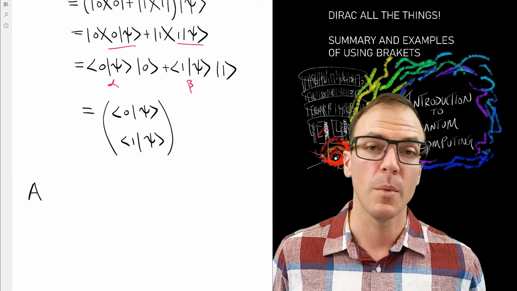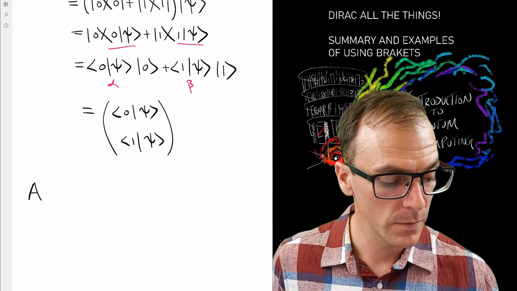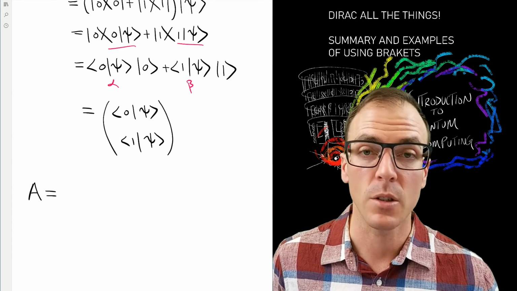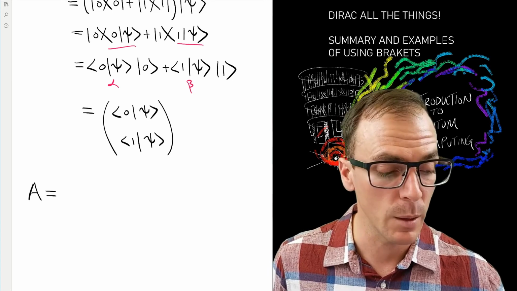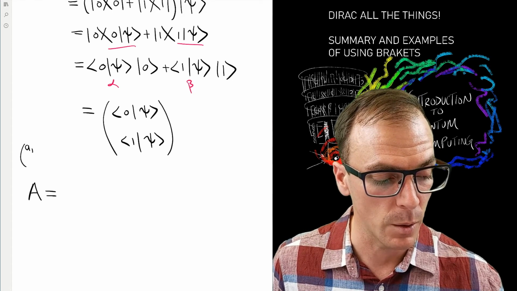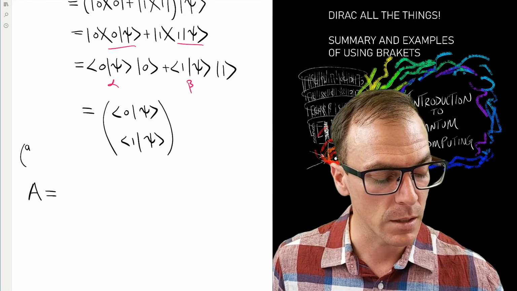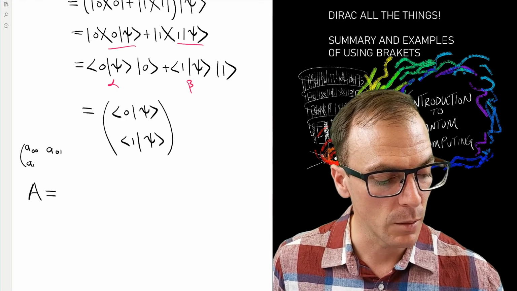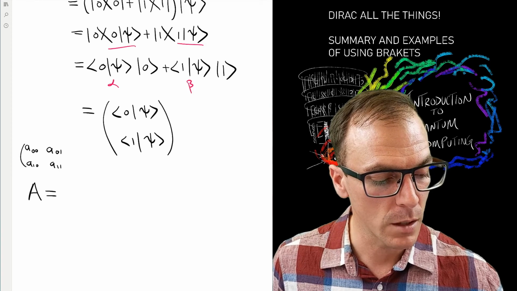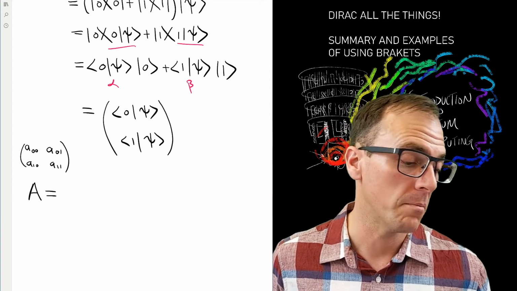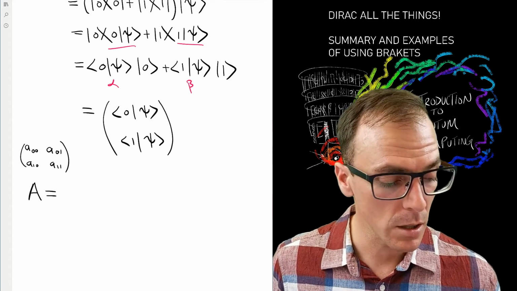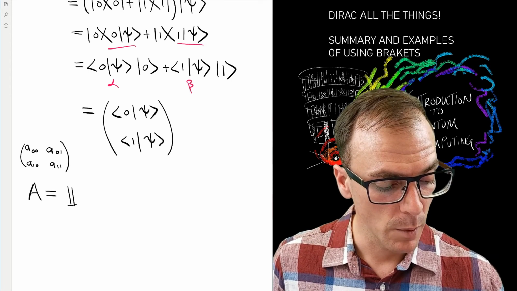We can do the same thing with matrices. So if I have a matrix A, I could have written it out in terms of its matrix elements, and it didn't really matter how I labeled those. A sensible one might be, let's say A00, A01, A10, A11. So just labels for these arbitrary elements of this matrix. But we can play the same trick.